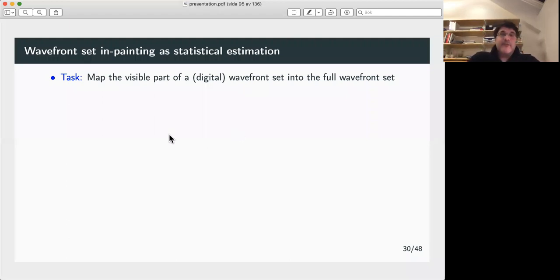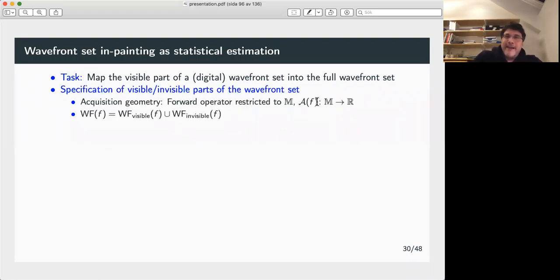And we're talking about which parts of the wavefront set of a function make a footprint that in principle becomes visible in the data. Depending on the forward operator, especially if A is a ray transform, you can work out, from the geometry of this manifold, how to split the wavefront set into a visible and an invisible component. I was mentioning that theorem a couple of slides ago, how to do that.